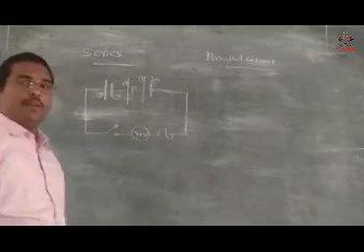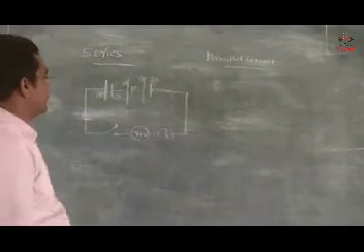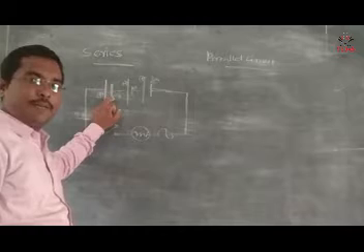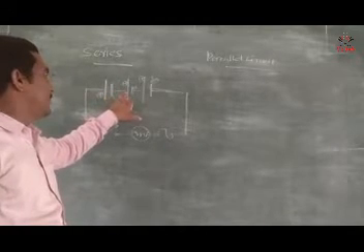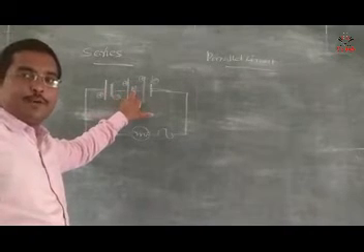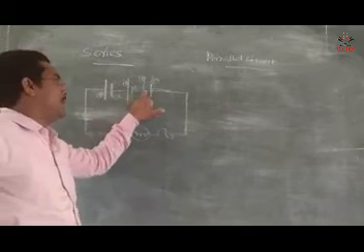What do you observe here? The negative terminal of the first battery connects to the positive terminal of the second battery, and the negative terminal of the second battery connects to the positive terminal of the third battery.